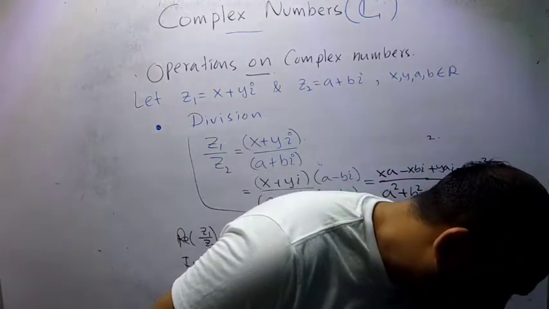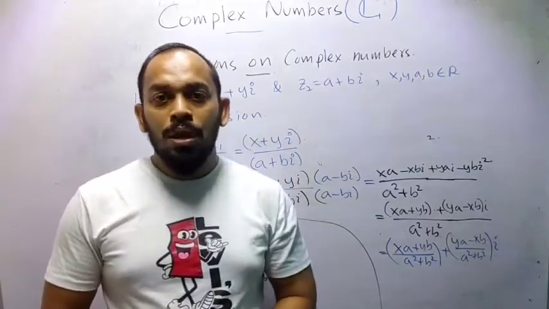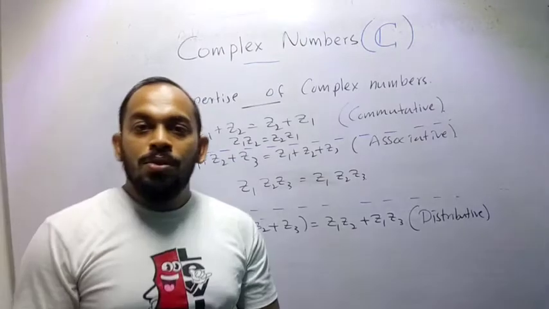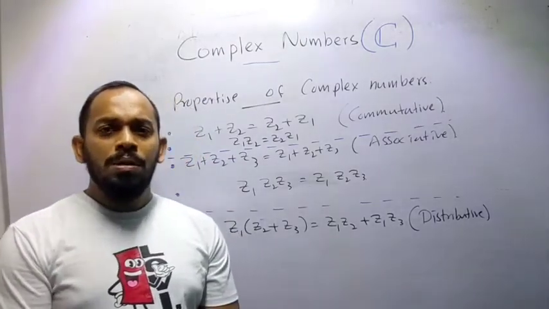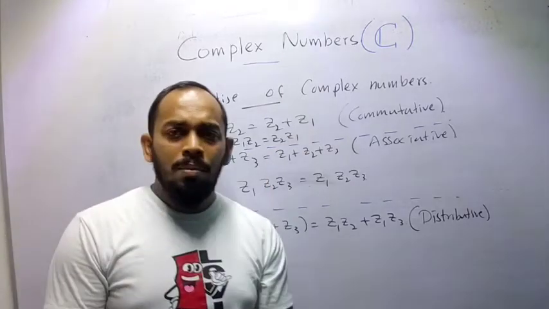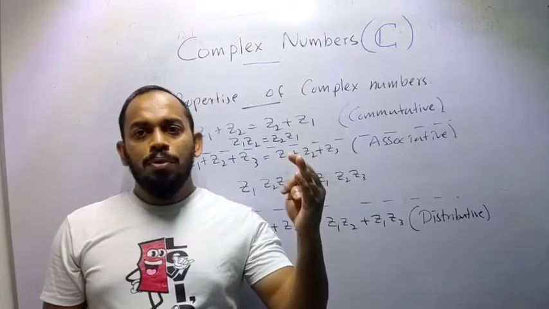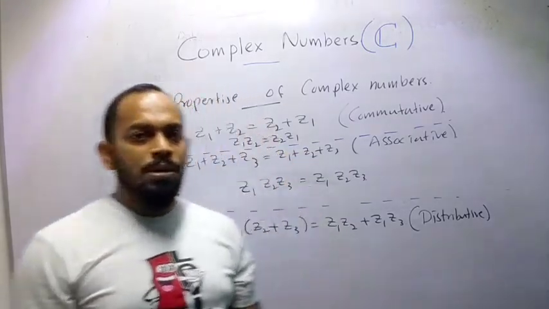Let's look at some properties of complex numbers, and after that we'll do some examples. These are some well-known properties with regard to numbers. Real numbers have the commutative property, associative property and distributive property. Vectors also have these properties.